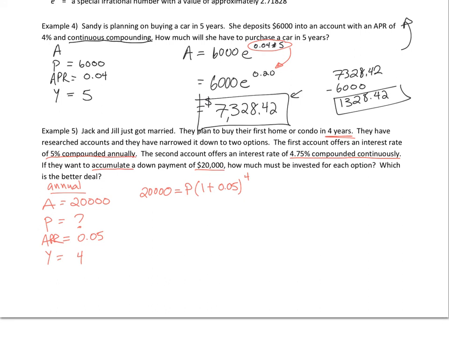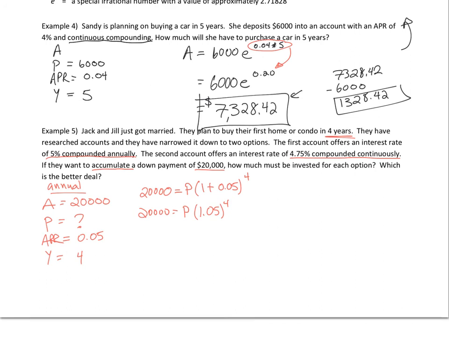So I guess we just have to go through and figure this part out, which would be 1.05 to the 4th power times P equals 20,000. And now, most of the time, all the previous examples, we would just multiply everything on the right side out. But we can't do that this time.